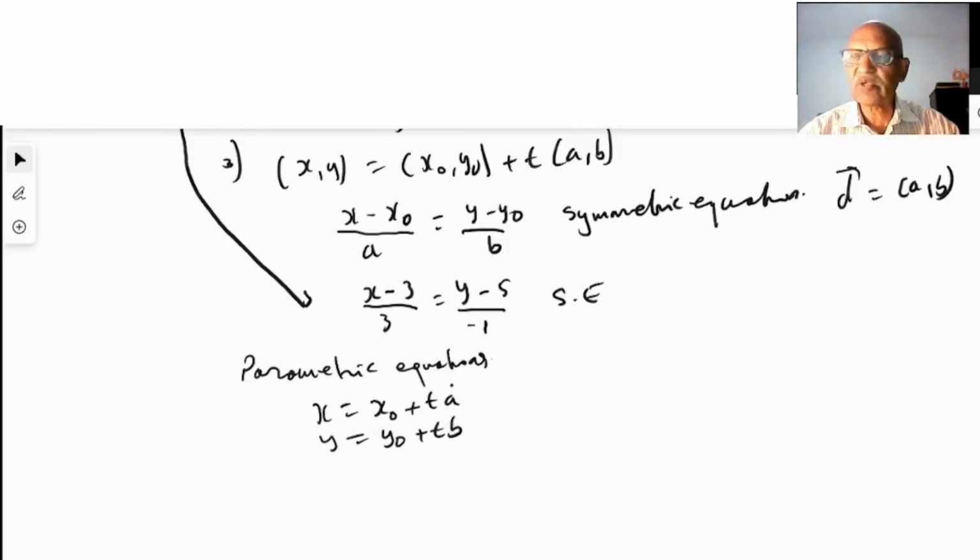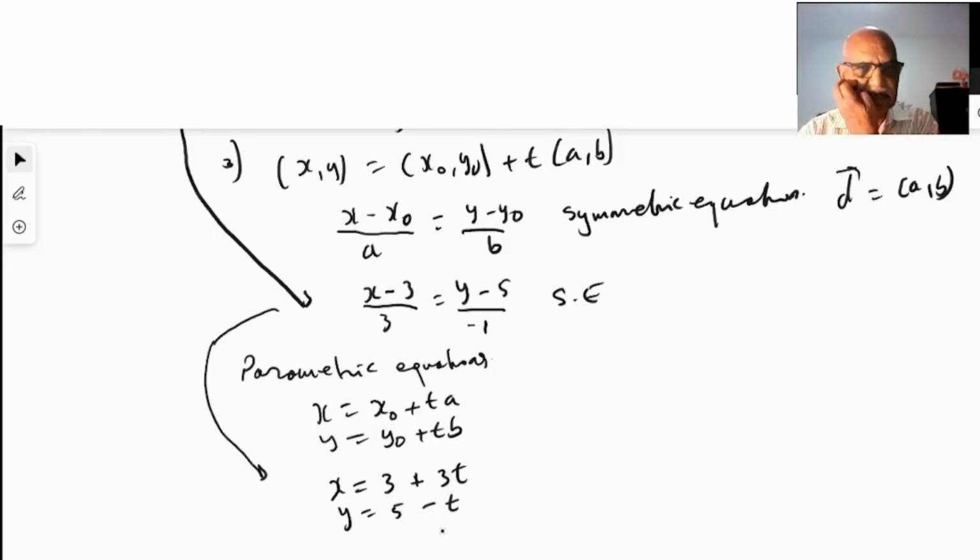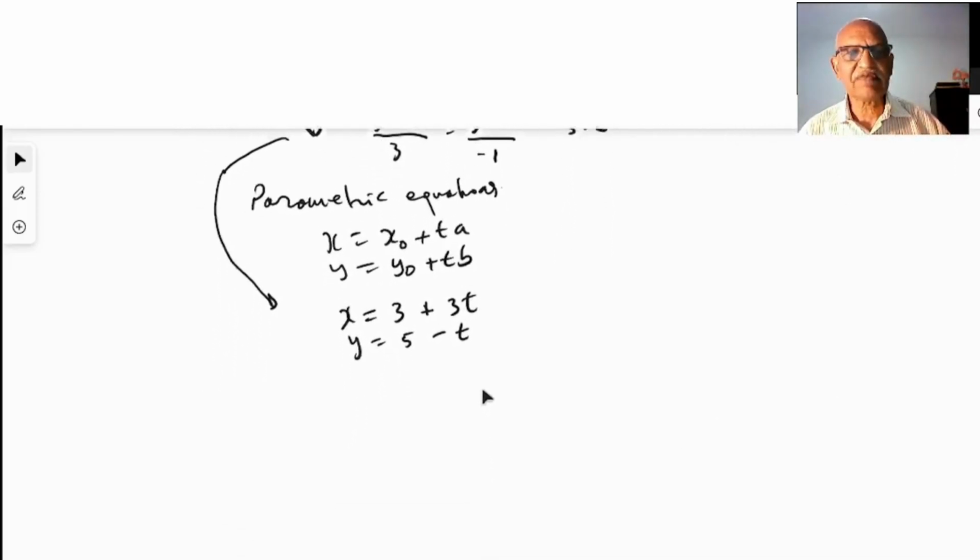So these are parametric equations of a line. For the same example, the parametric equations are x equals 3 plus 3t, y equals 5 minus t. The direction vector is (3, -1). Okay, so these are the three formats.